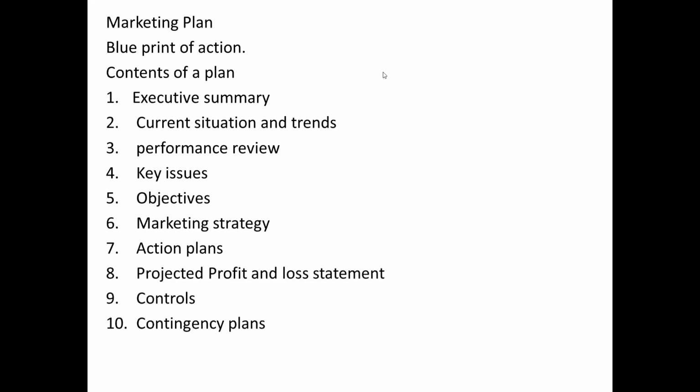The next is the action plans. Now, once the company comes up with the strategies that this is the way we are going to achieve the objectives, then the actual process starts. This presents the special marketing programs designed to achieve the business objectives. Suppose creating the awareness is only the objective, then initial stage would be just making the people, the masses, the customer aware of the existence of this product.